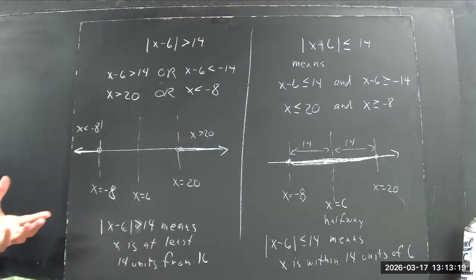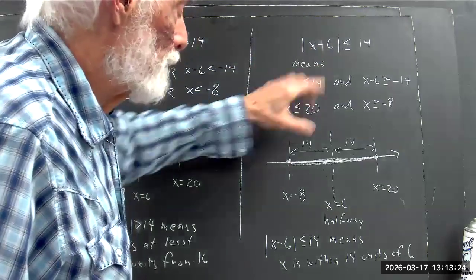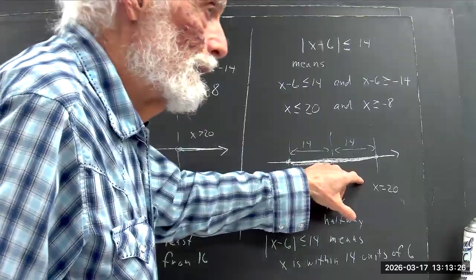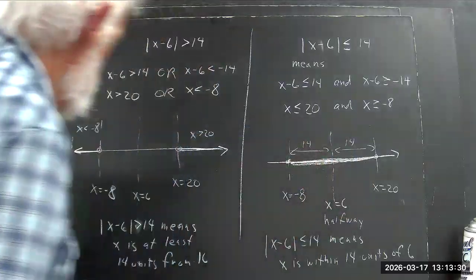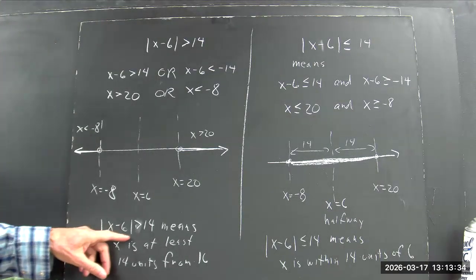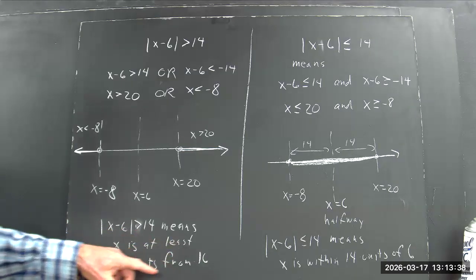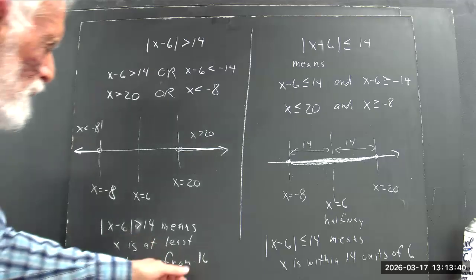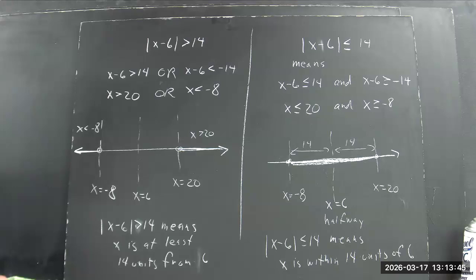It can't be both. It's got to be one or the other. Whereas in the previous case, x has to be both less than 20 and greater than -8. So the absolute value of x minus 6 greater than 14 means x is more than 14 units from 6. Looks like I wrote down 16 there by mistake.